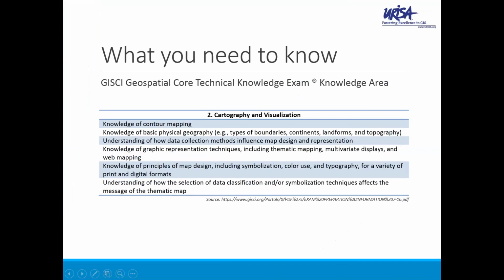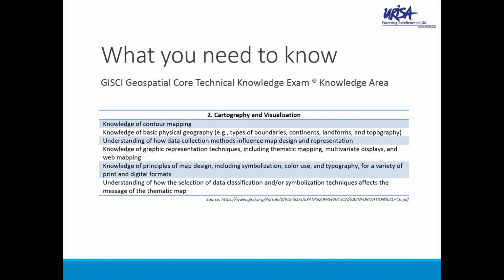What you need to know when it comes to the second knowledge category, cartography and visualization, is that there are 6 key elements: a knowledge of contour mapping; a knowledge of basic physical geography; an understanding of how data collection methods influence map design and representation; a knowledge of graphic representation techniques, including thematic mapping, multivariate displays, as well as web mapping; and a knowledge of the principles of map design.